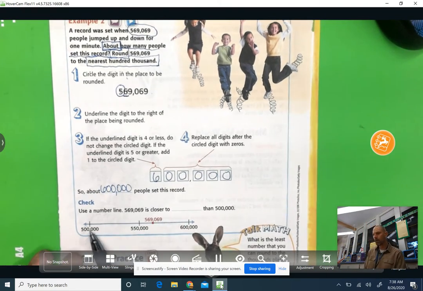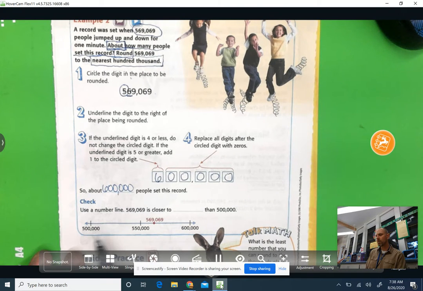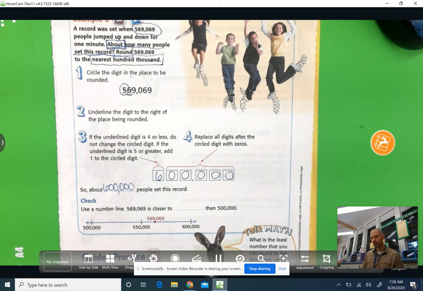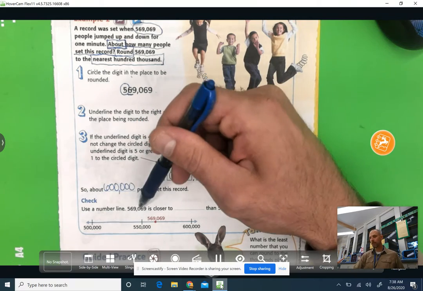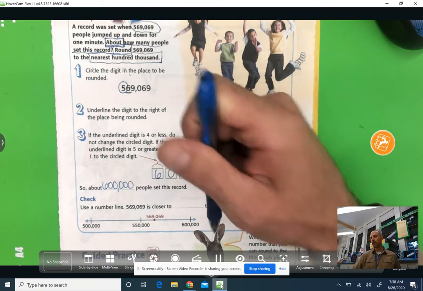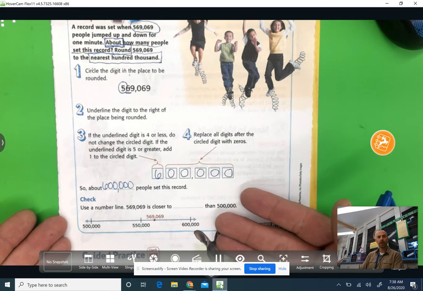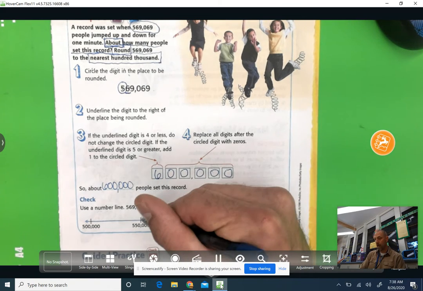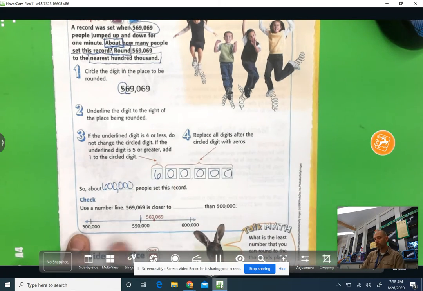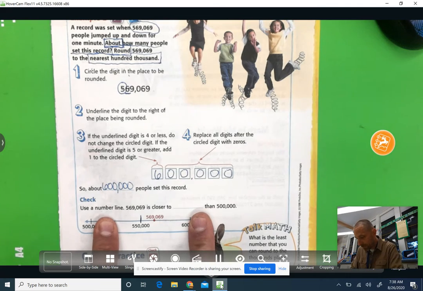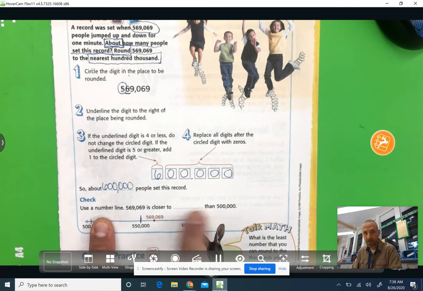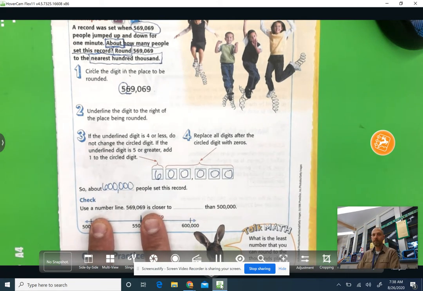Okay. Now the same thing, but with a number line. Use the number line, 569,069. Well, in this case, remember, when we're using a number line, we're trying to figure out what's the halfway point. Halfway between 500,000 and 600,000 is 550,000, just like halfway between 500 and 600 is 550.